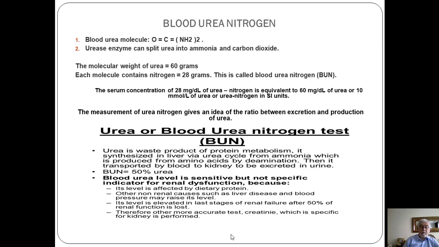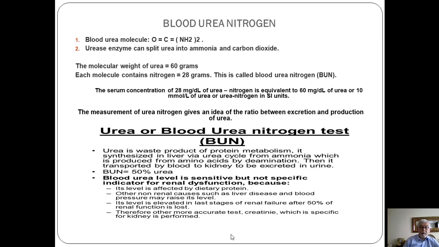Blood urea levels are a sensitive but not specific indicator for renal dysfunction because the levels are affected by dietary protein, and other non-renal causes such as liver disease and blood pressure may raise its level. Also, another important issue is that urea levels can give some information about liver disease and other problems.